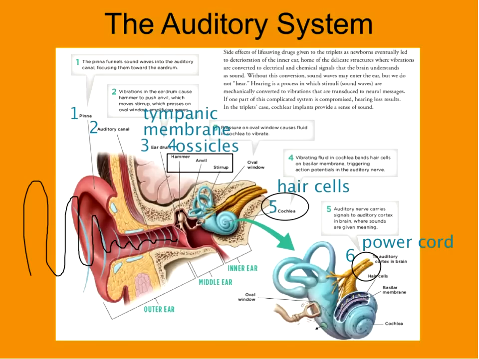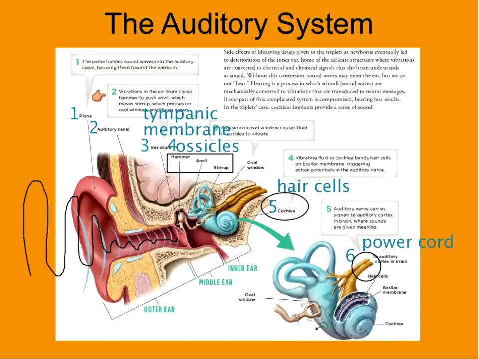Okay? Let me go back to this. Questions on those 6 major structures that I've laid out for you here in your auditory system. Yasmin, you can use the chat box for the question. You can also, as you're waiting for that question to come in, guys, read the 6 steps here, right? The pinna funnels sound waves into the auditory canal, focusing them towards the eardrum.